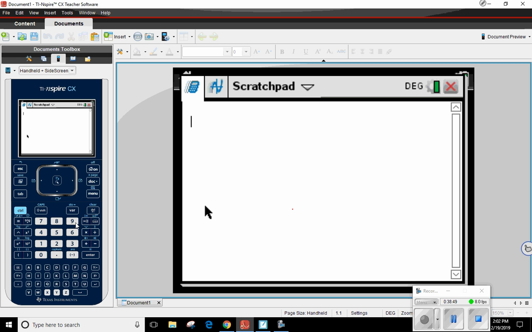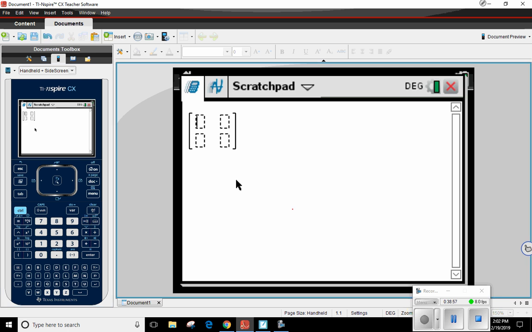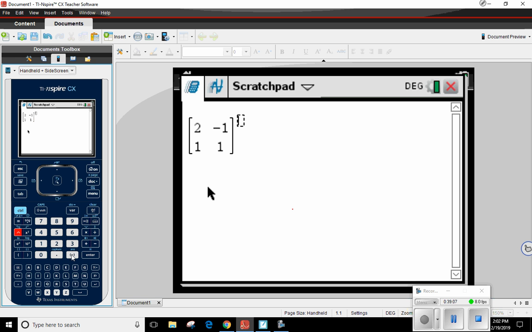So I'm going to come on over here. Now remember over here between 9 and the catalog button? This button right here. You already had some matrix templates here, and there's a 2 by 2. So let's see, it was 2, negative 1, and 1 and 1. Okay, so there's matrix A. Now, once you move your cursor outside, I want to raise it to the negative 1 power.